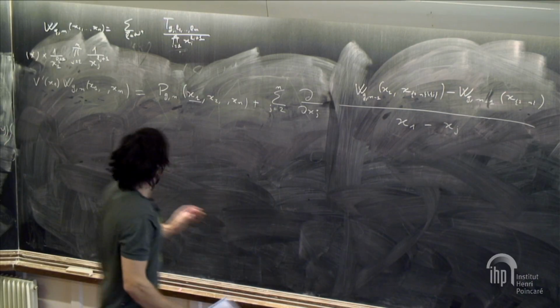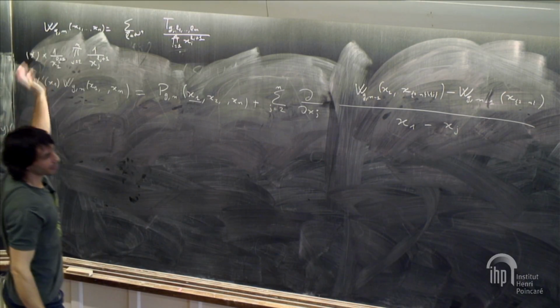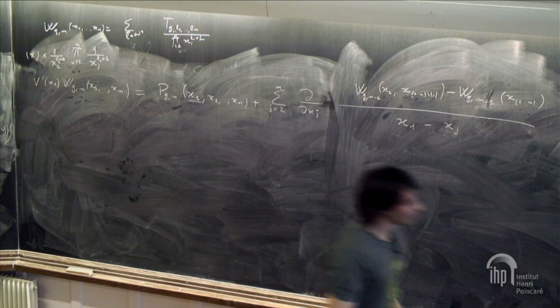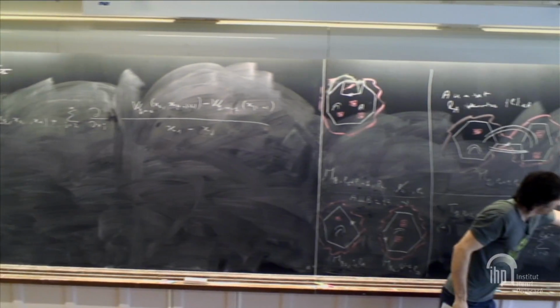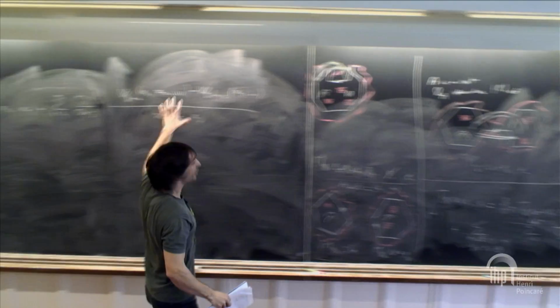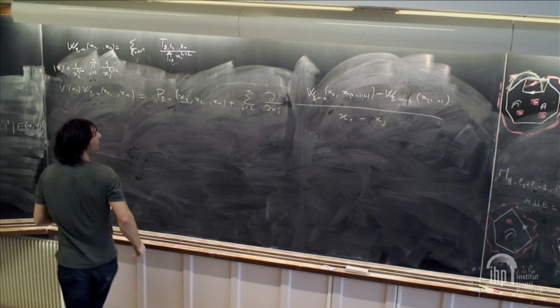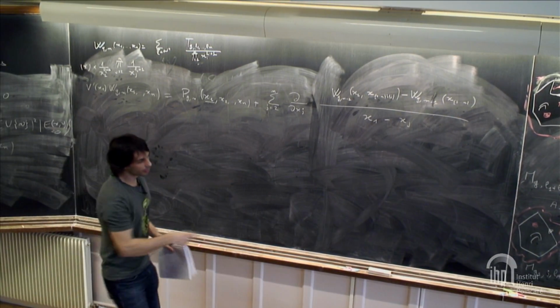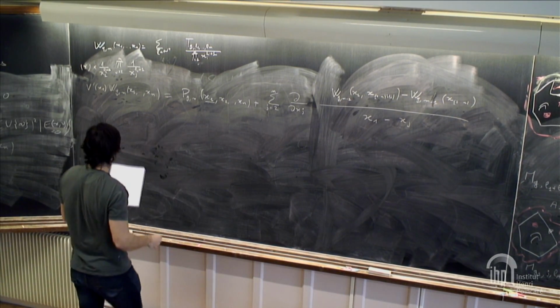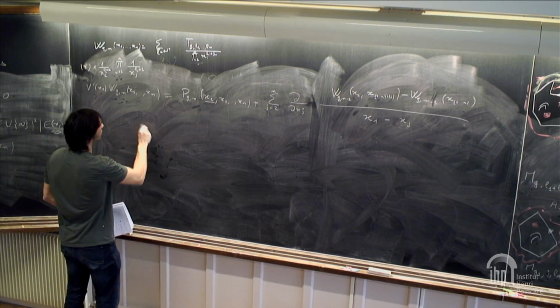So that's a good exercise: write the sum, and you will see that this expression can be written under this form. And now we just have the remaining ones, which are much easier to write down.